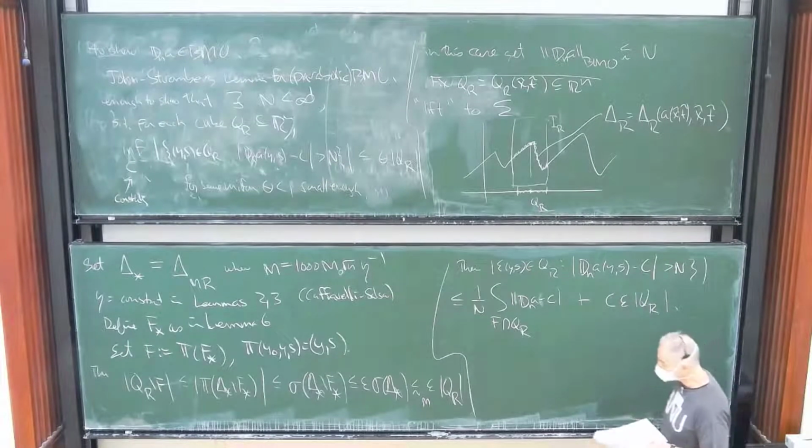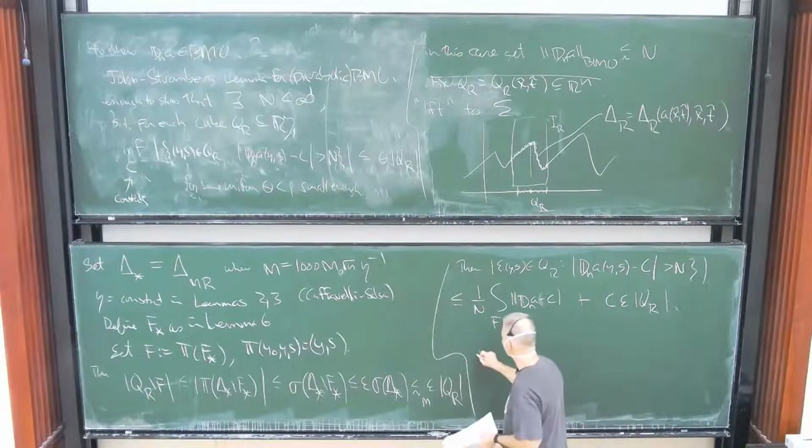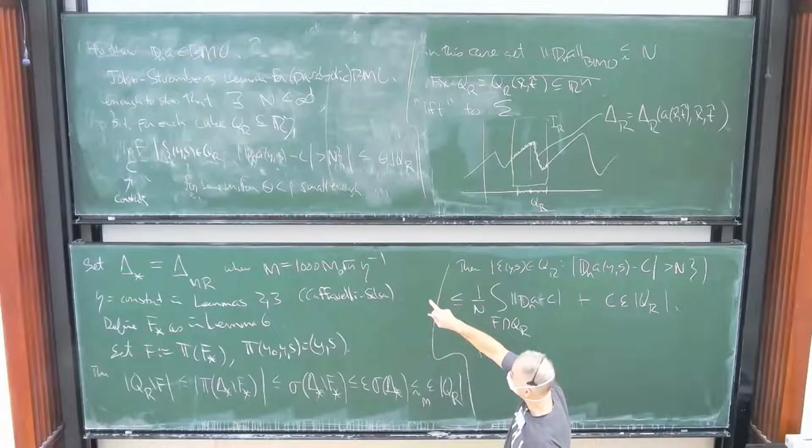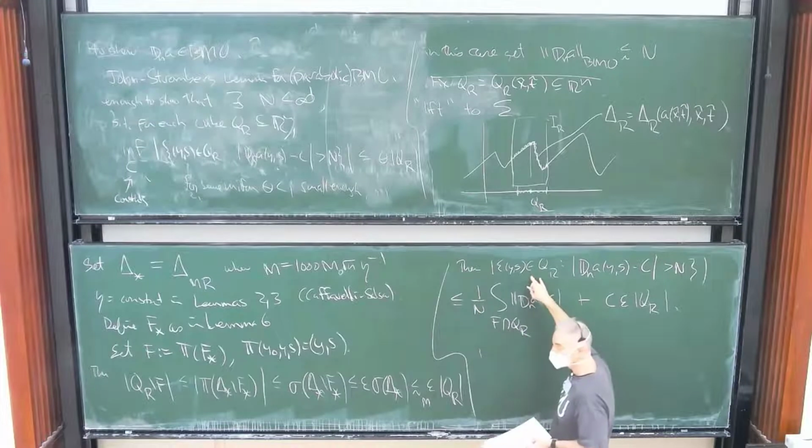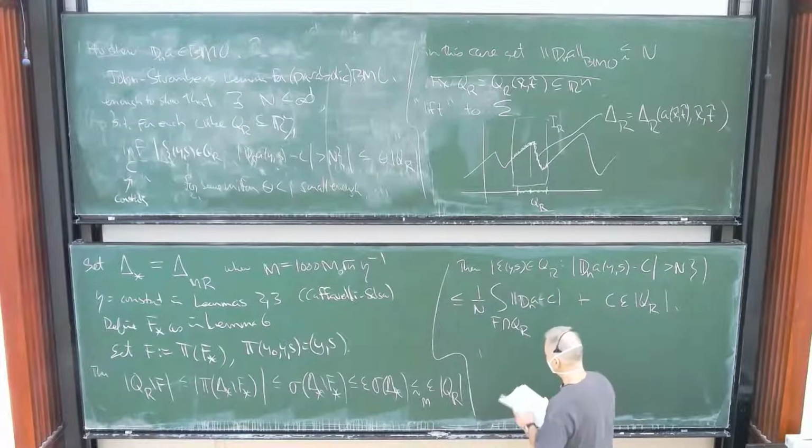All right. So remember, what are we aiming for? We're aiming to get this set to be some sufficiently small portion of the full measure of Q_R, right? To get this set that small, okay?